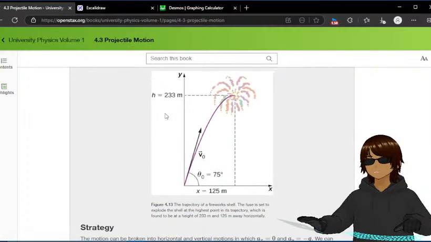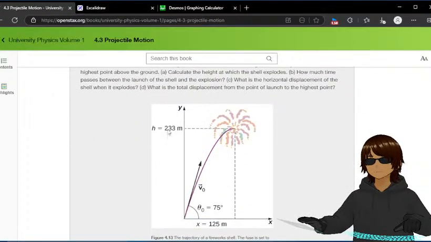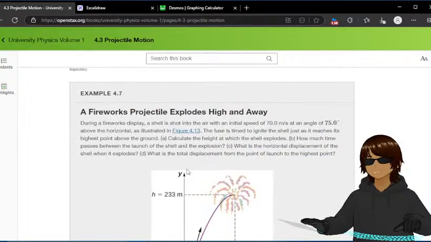Didn't they just show the height? So the highest point is 233 meters. Well, they just gave the answer, but let's just calculate it anyways.